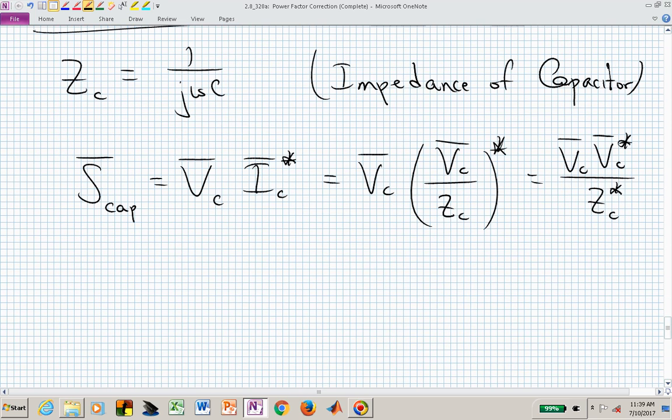And we know what the impedance of the capacitor is. That's 1 over j omega c. That means that Z sub C conjugate is just the negative of that, and we could put the negative sign wherever we want.